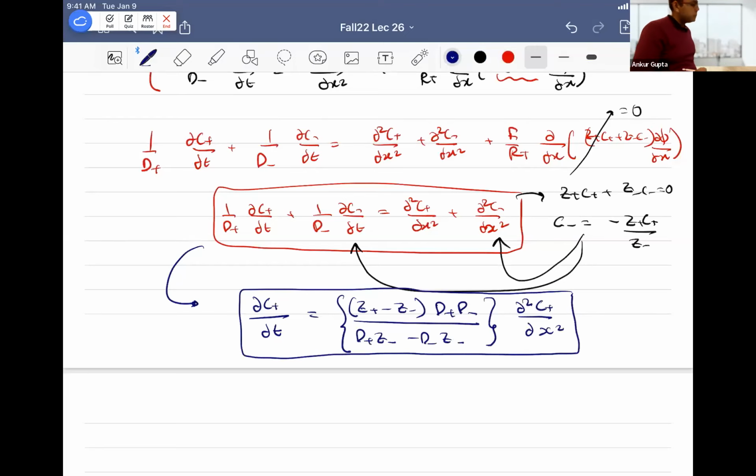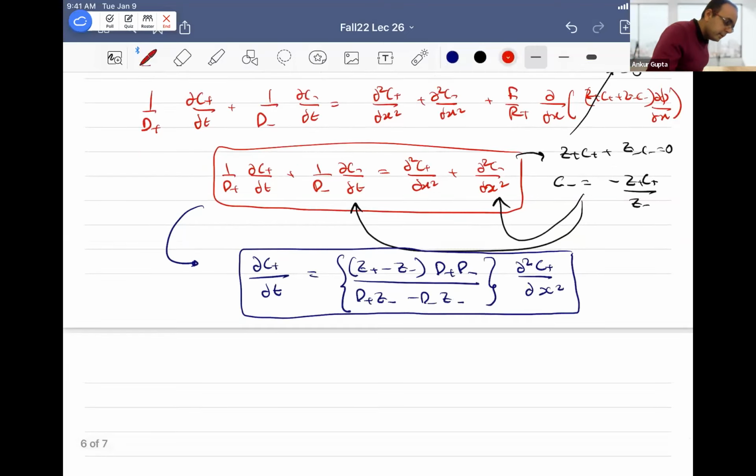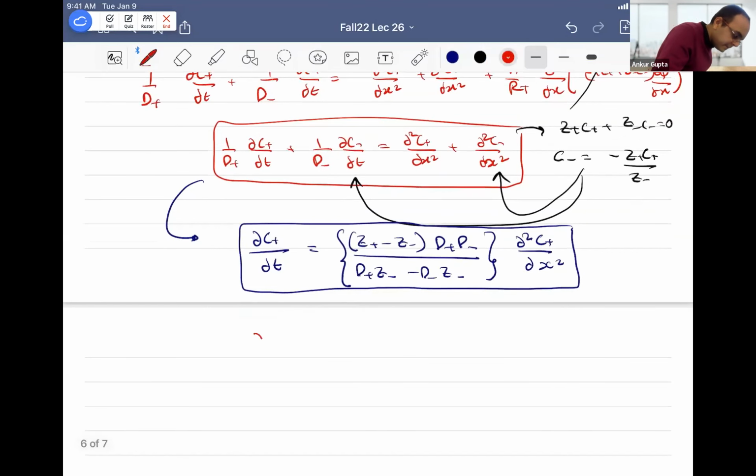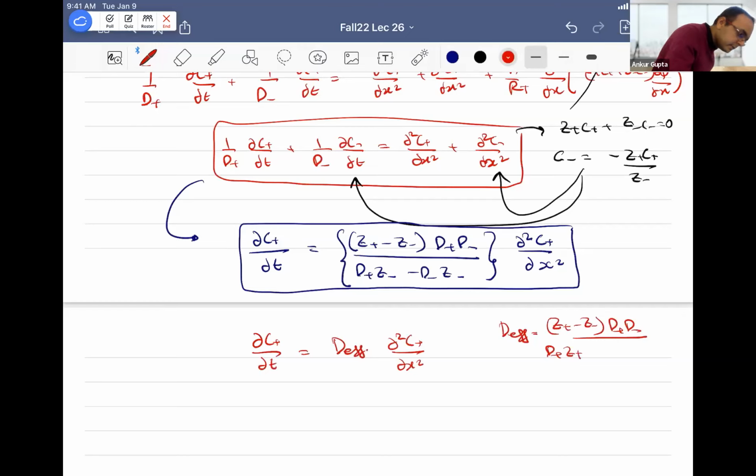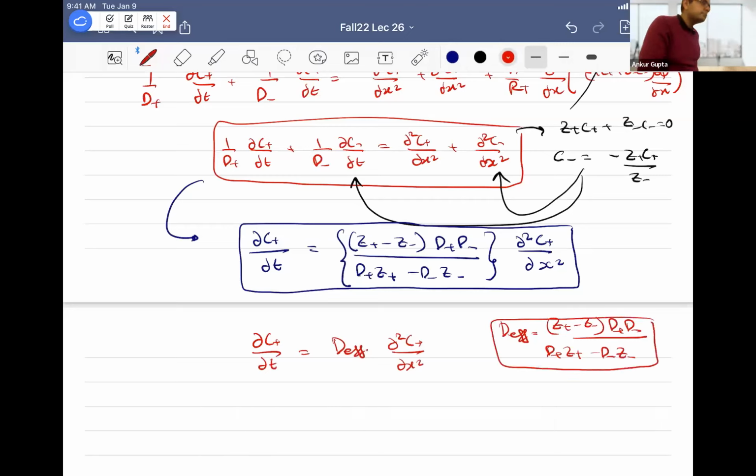So this is what you get out. Or another way to write this is ∂C+/∂t = D_eff ∂²C+/∂x², where D_eff is equal to (Z+ − Z−) D+D− over (D+Z+ − D−Z−). Okay.